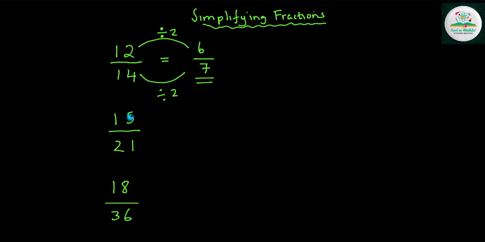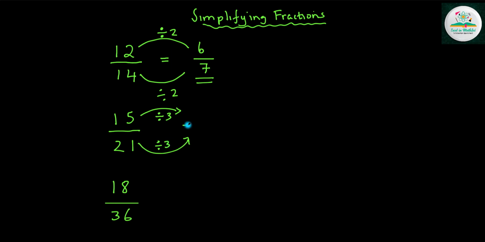Let's look at the next one. So we have 15 over 21. Now, the number that would divide into both 15 and 21 is 3. So we can divide the top and the bottom by 3.